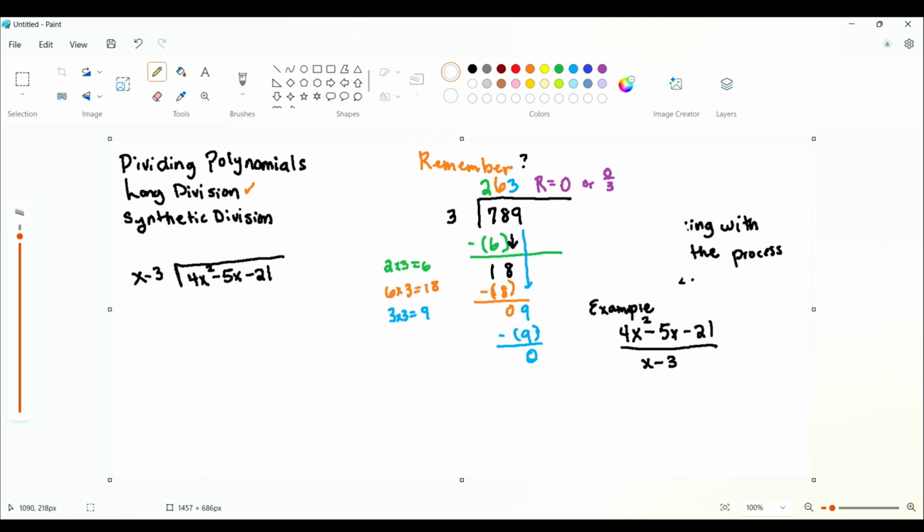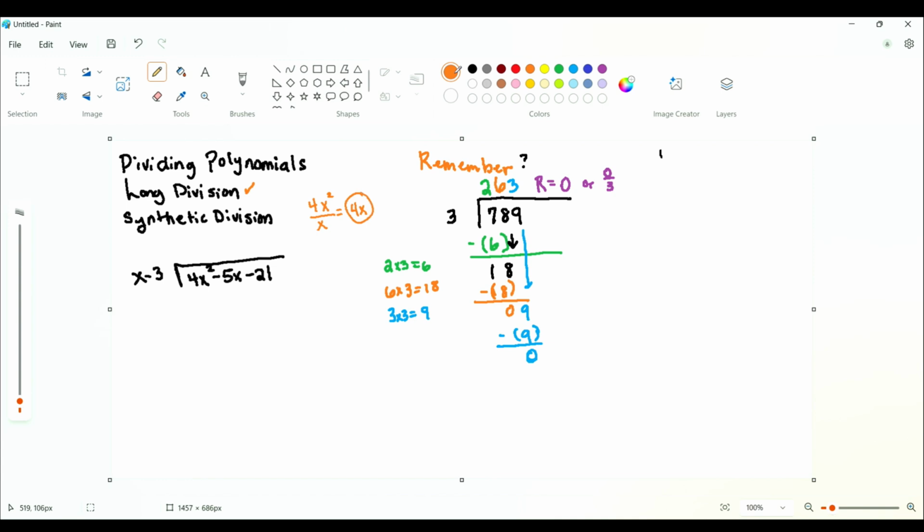I'm going to erase a few things here. One second. Now, notice when I'm dividing, with the problem, my focus is on the first term of the divisor and the dividend.